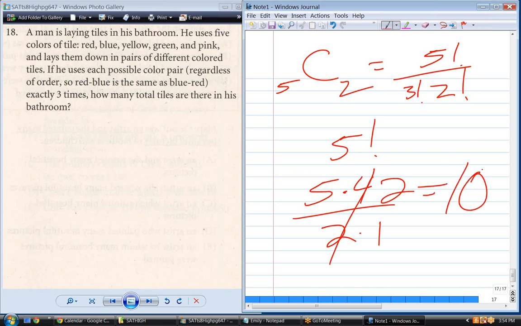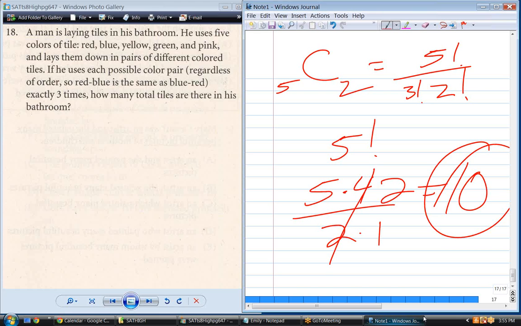So there are 10 different possible combinations of colored pairs. In other words, you can have red blue, red yellow, red green, red pink, and go through that list, you'll get 10. Gotcha. So if he uses each possible colored pair exactly 3 times, that's 30.